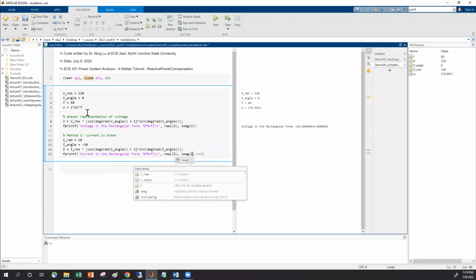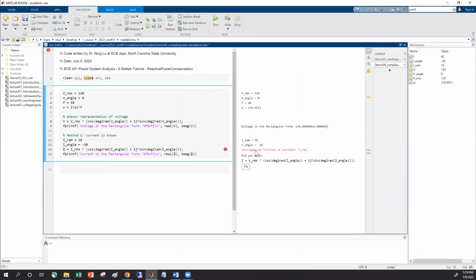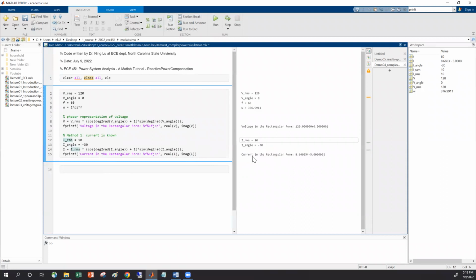So let's see, if we do that, this means I give you the voltage and then I give you the current. Run that again. Yeah, this is I give you the voltage in complex number, and then the current in complex number format.